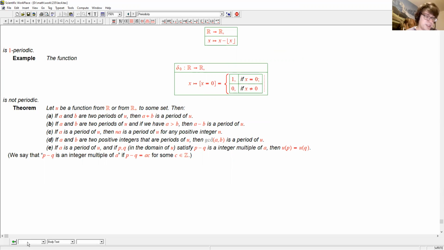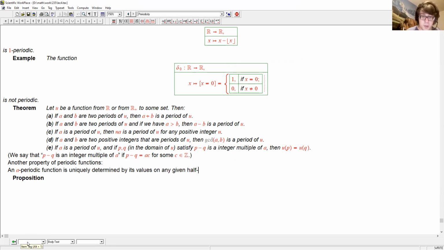Here is one more thing that's true. Another property of periodic functions: an a-periodic function is uniquely determined by its values on any given half-open interval of length a.